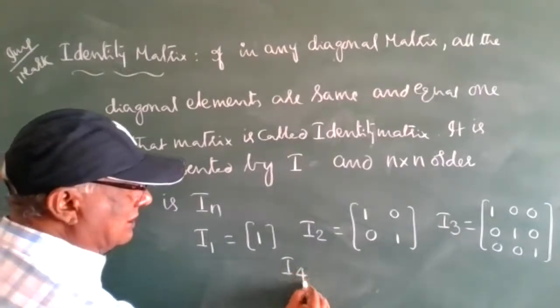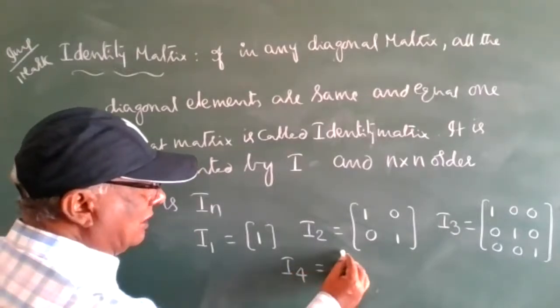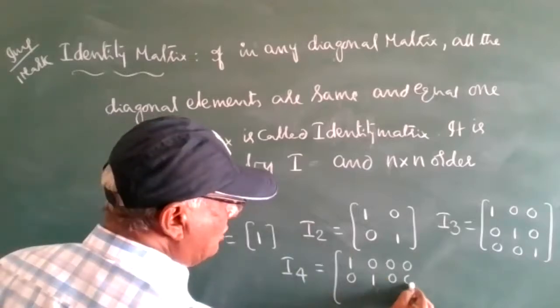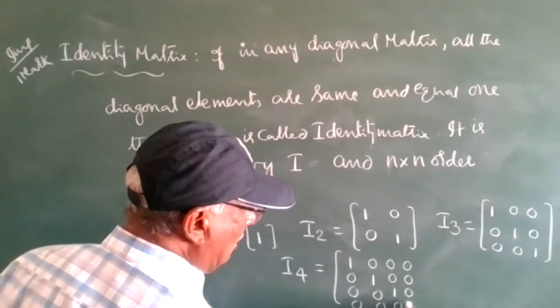I4 means 4 rows and 4 columns: 1 0 0 0, 0 1 0 0, 0 0 1 0, 0 0 0 1.